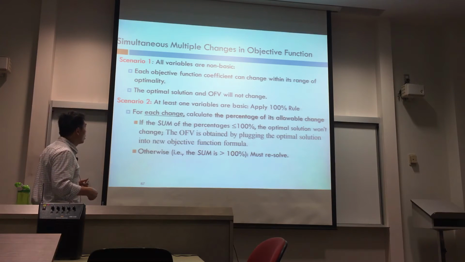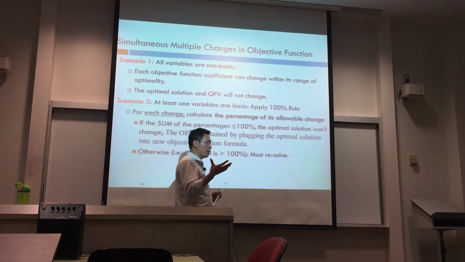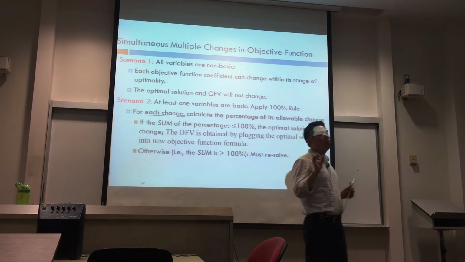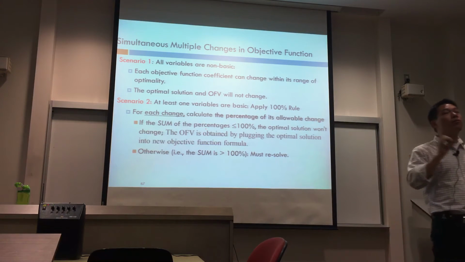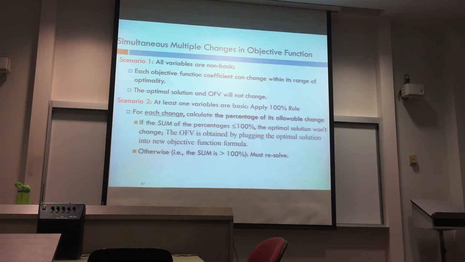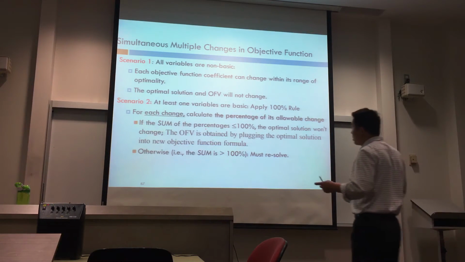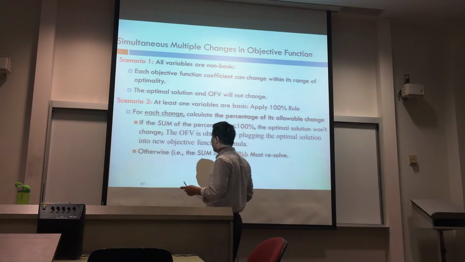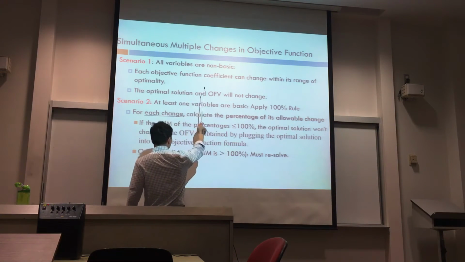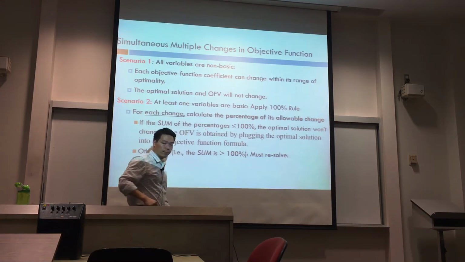In other words, if all the variables are non-basic, although you have multiple changes, you can just treat them as individual changes. You want to make sure each individual change is within the range of optimality. And in this case, if they are within the range of optimality, then the optimal solution will not change, then the OFV will not change.